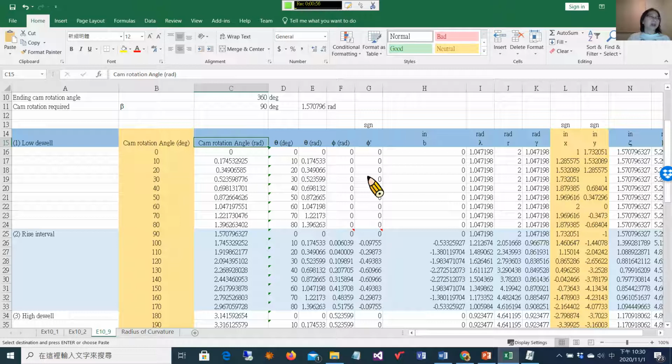To simplify the equations, we can use a simple coordinate transformation and shift the origin of the coordinate system to start the equation at 0. So we subtract the initial angle from the cam angle.